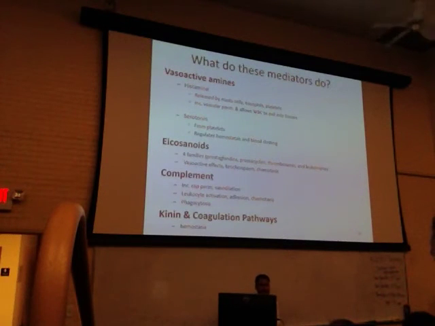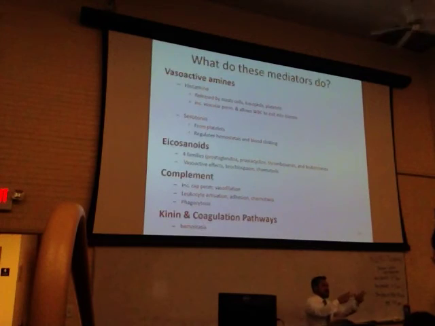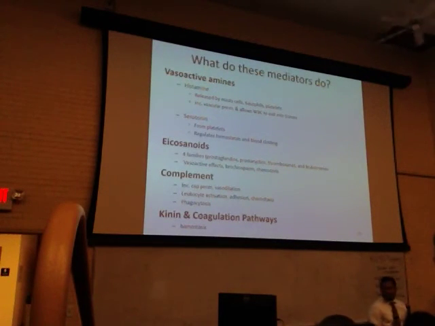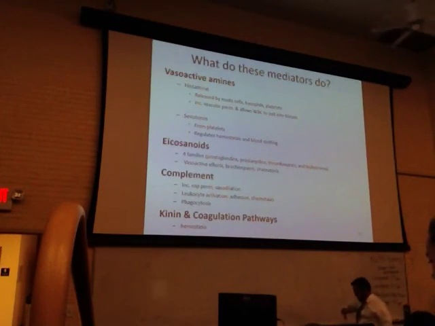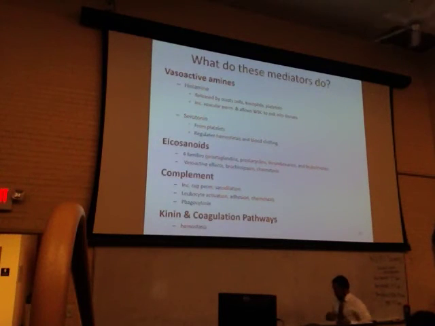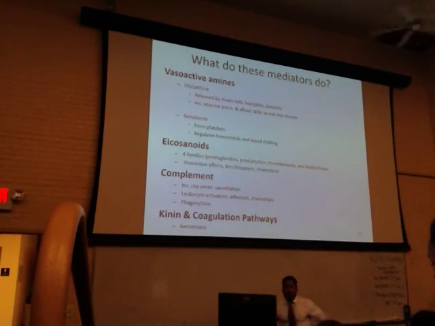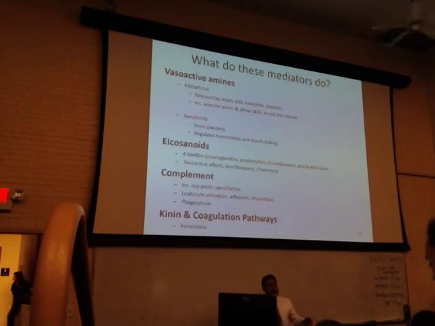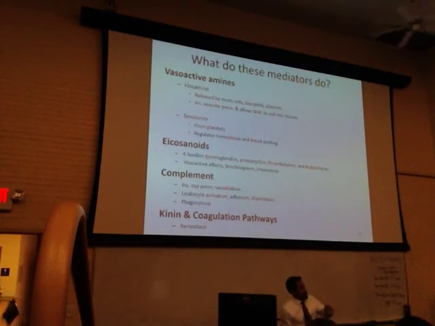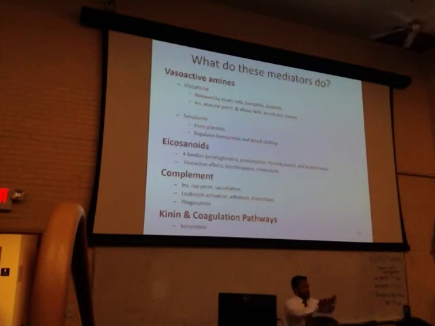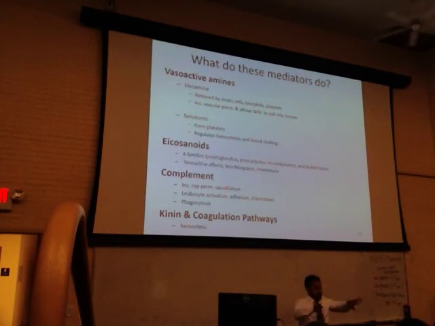Complement, which supplements or complements phagocytic and inflammatory pathways. And last but not least is our kinin coagulation pathways, which allow for and also control hemostasis, which we just said is important for encouraging those white blood cells to move to the edge.